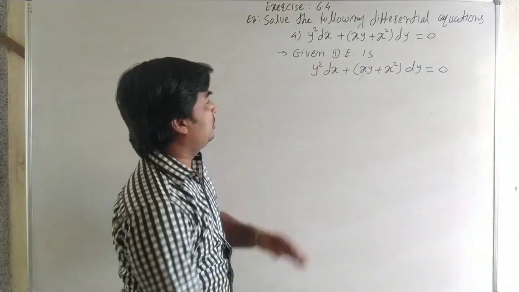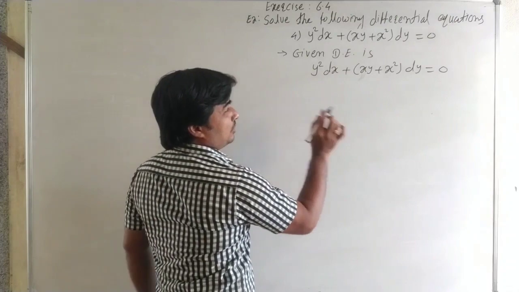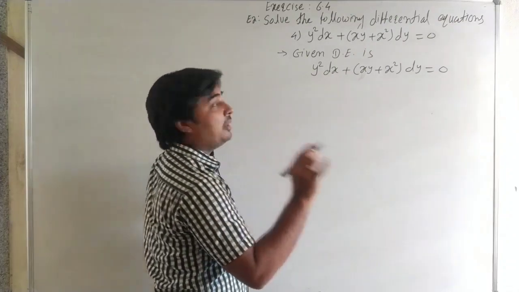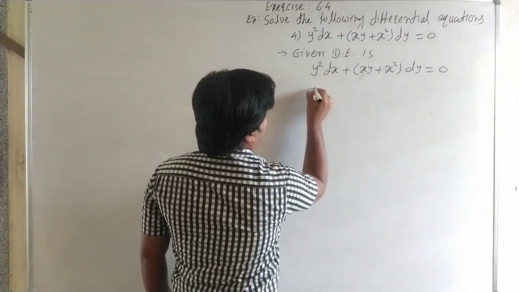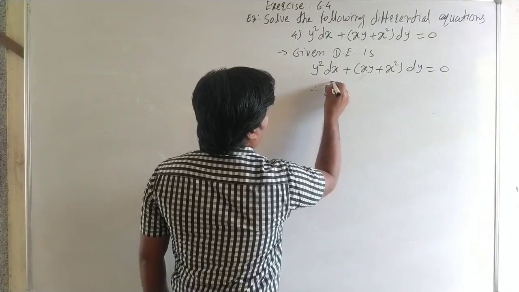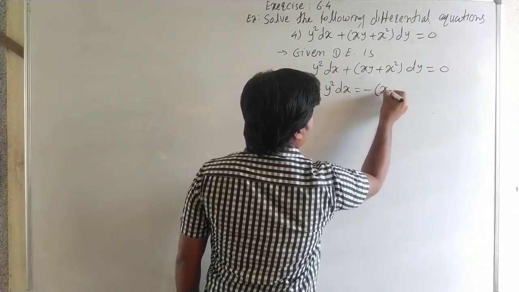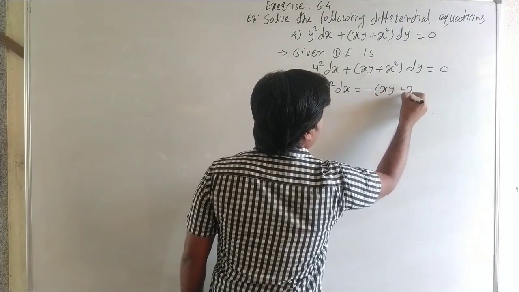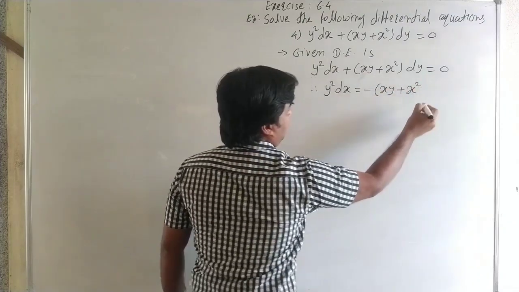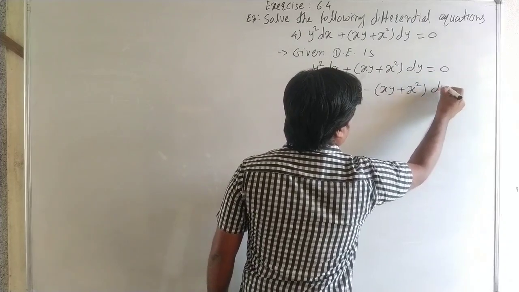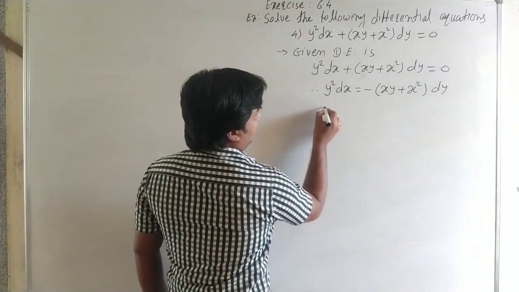Okay. Now see carefully this. First we write this differential equation in the form of the dy by dx. Therefore y square dx is equal to minus xy plus x square dy. Then see carefully this.